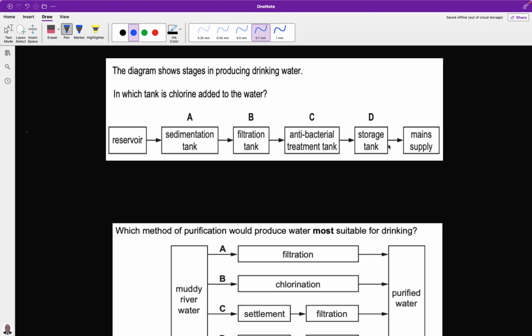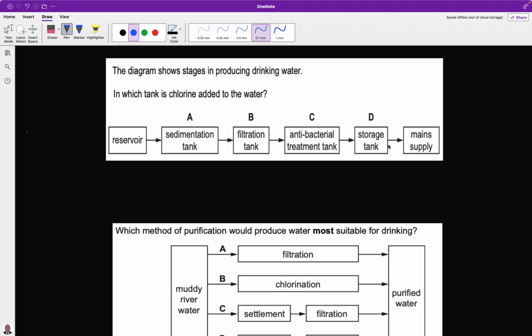Then B is the filtration. Then in C, there is the antibacterial treatment tank. That is where we add a detergent like chlorine to destroy the bacteria and other microbes. Then D is where the water now moves into a storage tank, where we can now supply it to homes, schools, industries, and other places, the main supply.